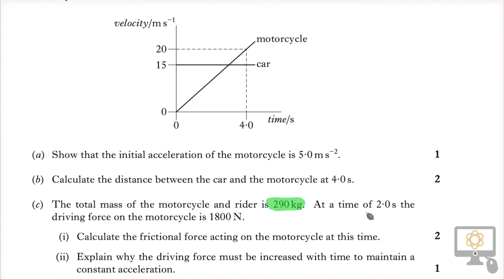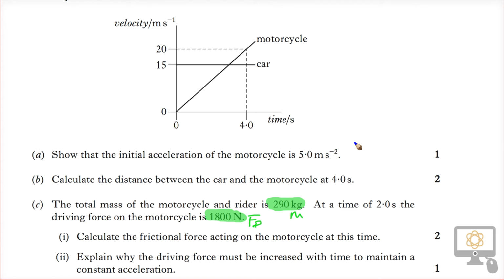At a time of 2 seconds, the driving force on the motorcycle is 1800 newtons. So that is F, I'll call it FD for driving force, and this is the mass of the motorcyclist and the motorcycle and the rider. The question is, calculate the frictional force acting on the motorcycle at this time.